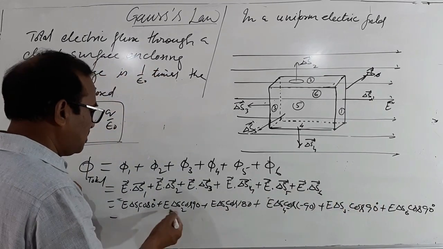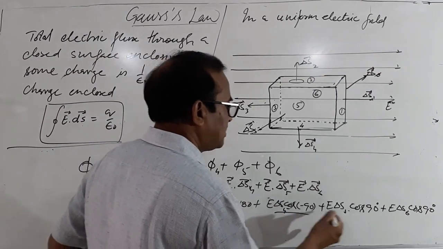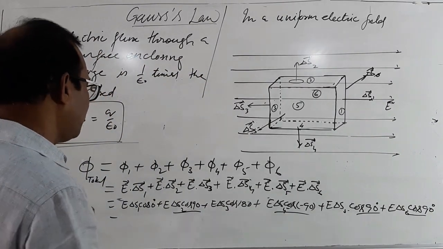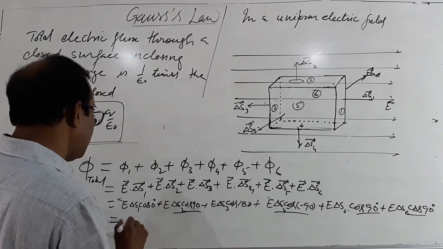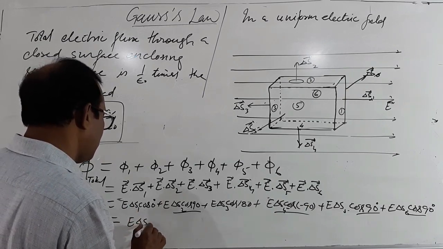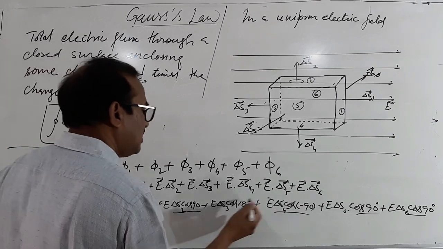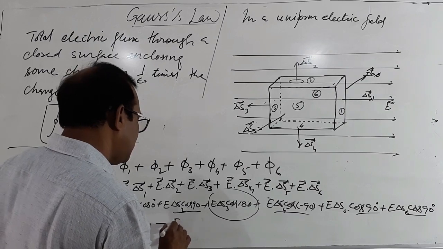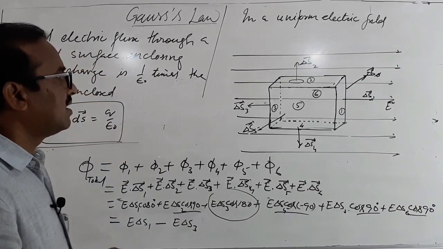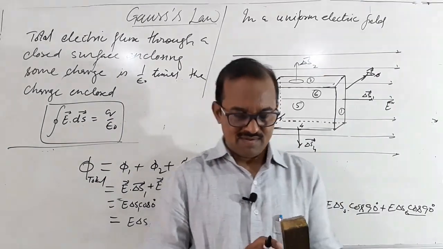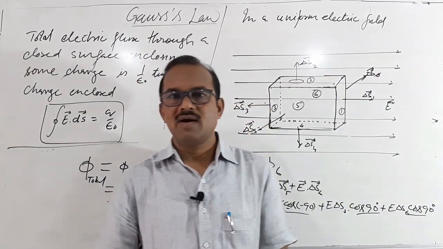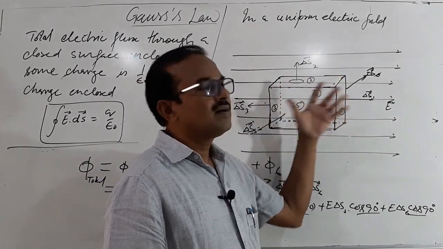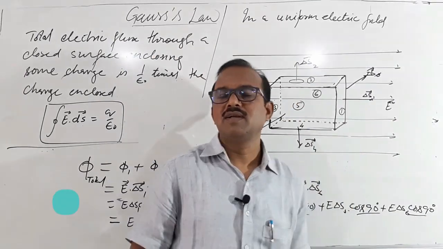These terms, all will be 0 because cos 90 is in the multiplication. What remains is E delta S1, since cos 0 is 1, and here this term is minus E delta S3. If the body is rectangular, first face and third face are opposite faces, so certainly they will be equal.